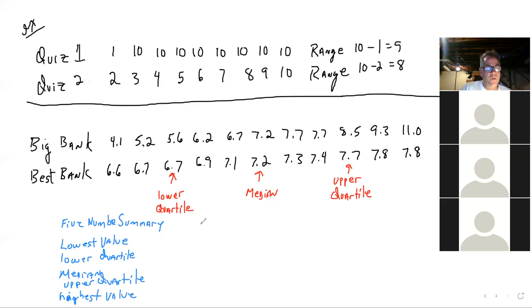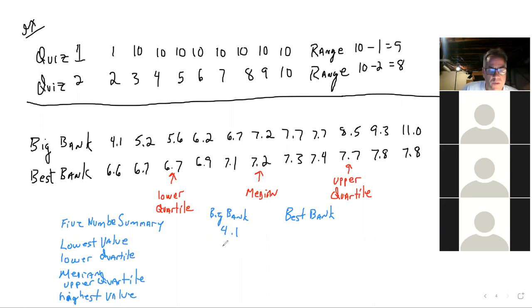Okay. So in this case, for Big Bank and then for Best Bank, looking at the 5-number summary, Big Bank's lowest value was 4.1.